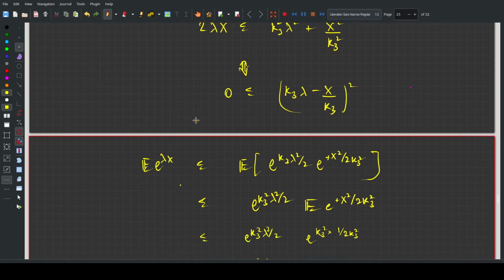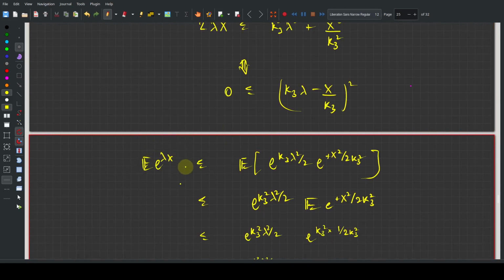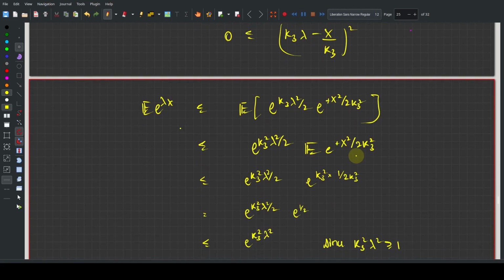So if I take the expected value of e to the lambda x, just as before, then again I get the expected value of e to the k3 lambda square by 2 times e to the x square by 2k3 square. Okay, great.